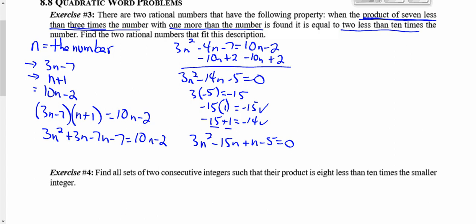Thank you, GCF there: 3n, leaving n minus 5. And GCF here, one that doesn't usually help us, but here it does, leaving us n minus 5. Common factor now, leaving 3n plus 1.